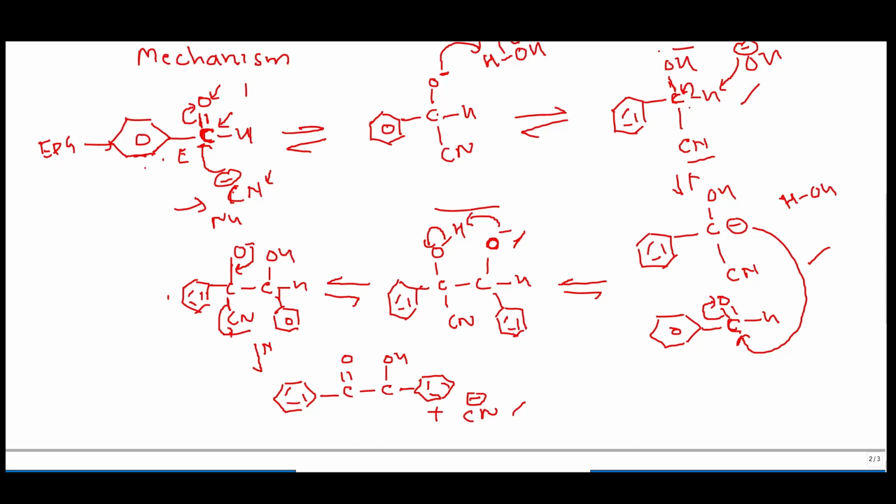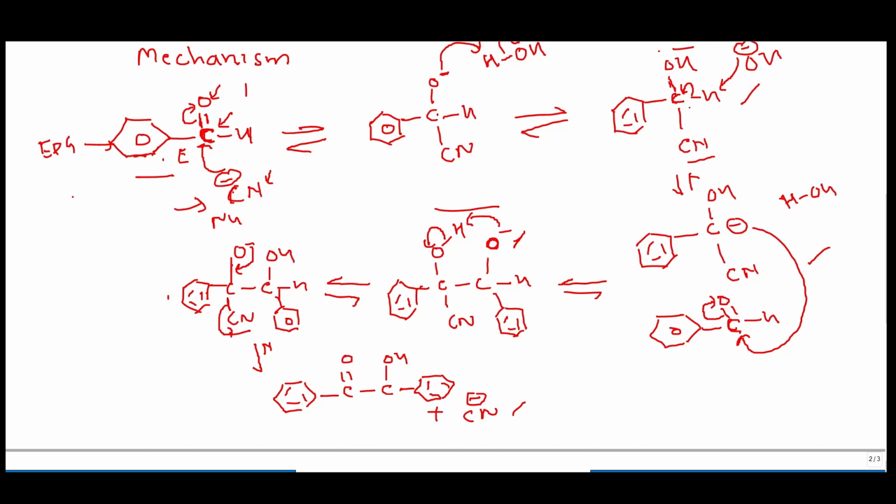If you attach an electron donating group at the ortho position, you will have an additional factor of steric hindrance. The steric hindrance may be applicable at this position in the first step, it may also be applicable in this condensation step. So, electron donating groups at ortho and para positions are not good for the reaction, right.